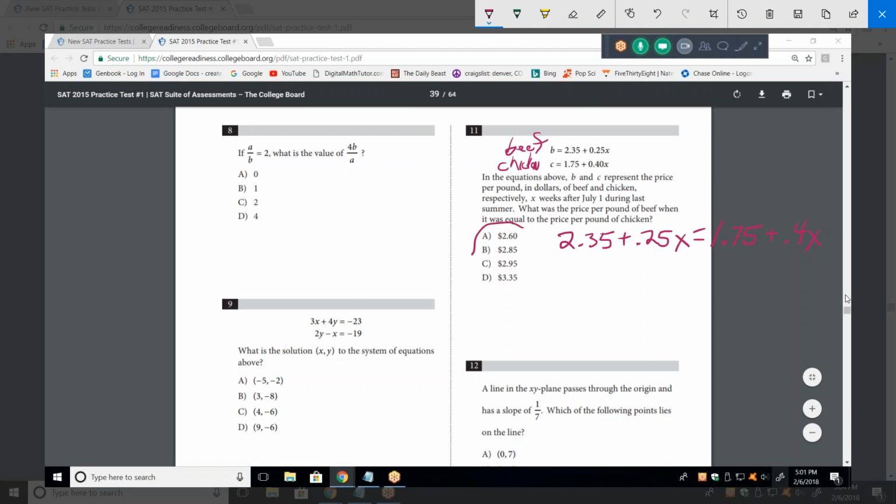Notice that all of our answers are prices. They're not in the number of weeks. So the goal is to solve for x and then solve for either C or B. And I say either because it's when they're equal. So if I solve for C, I'm solving for B also.